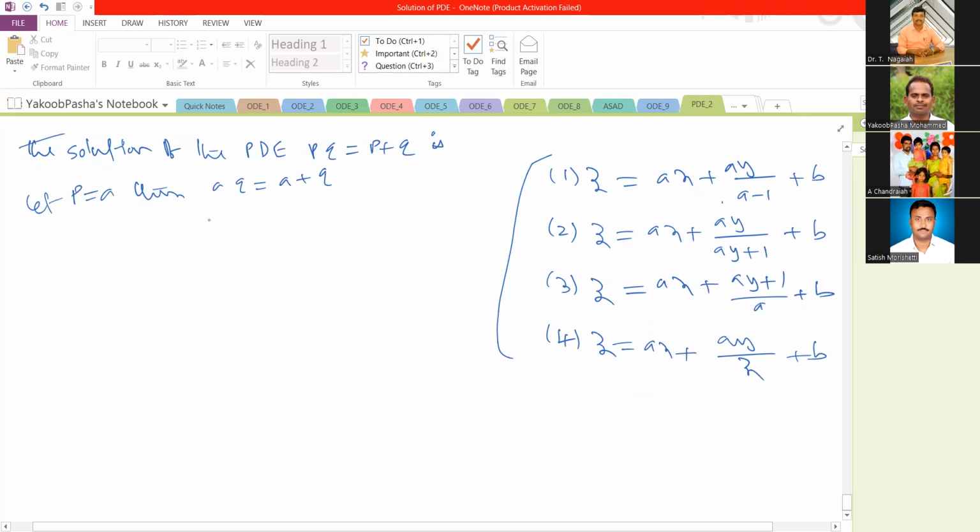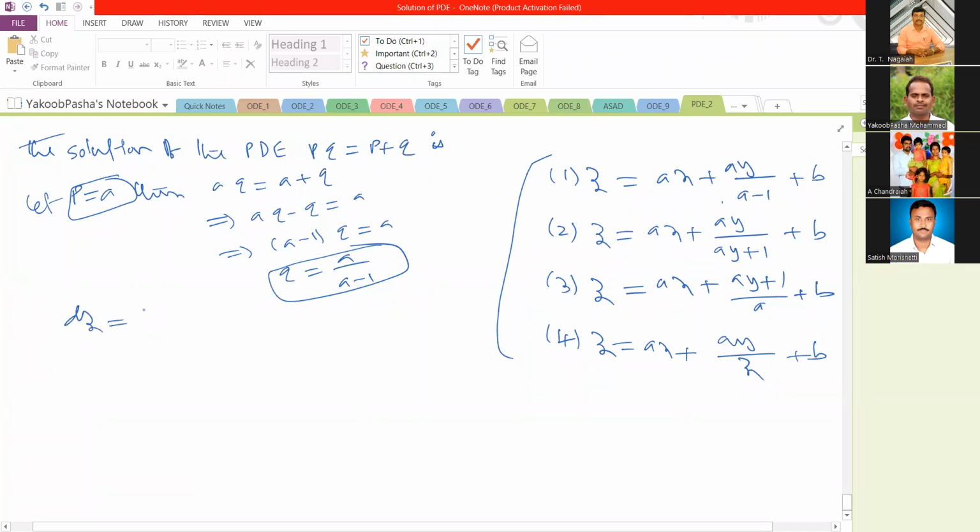So we can write aq minus q is equal to a. That is a minus 1 into q is equal to a. Q value is a by a minus 1. So p is equal to a, and q is equal to a by a minus 1.